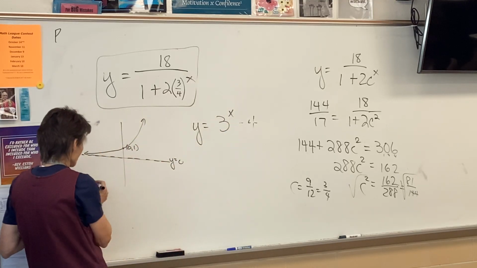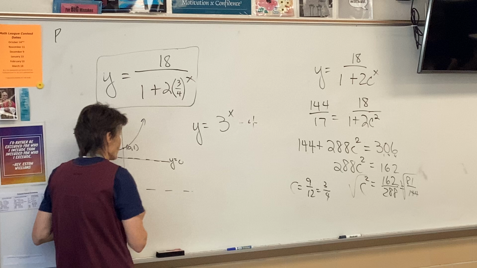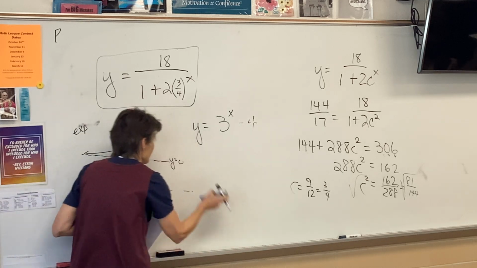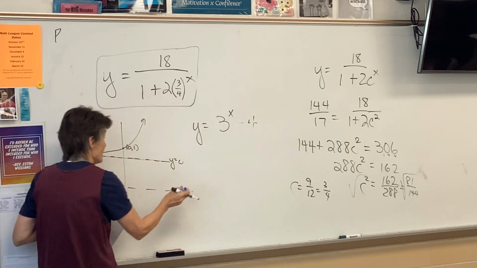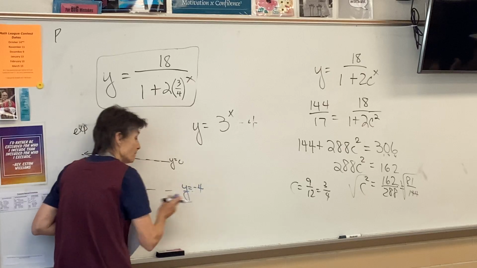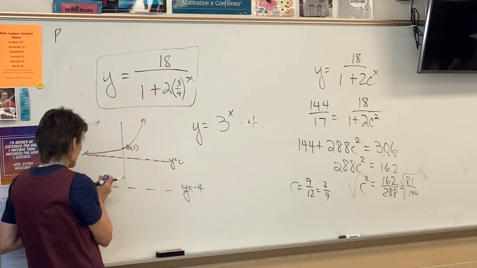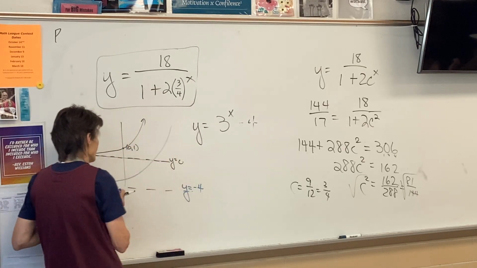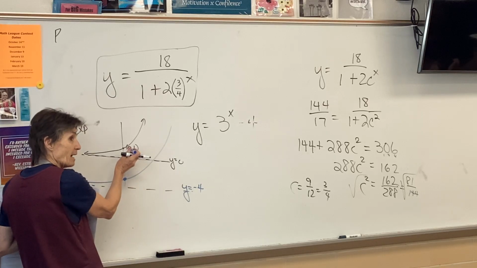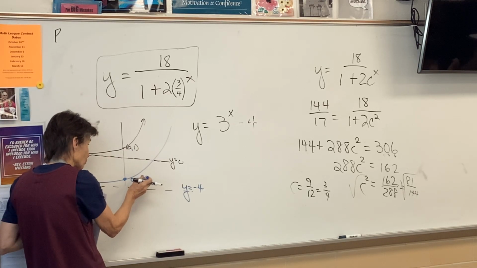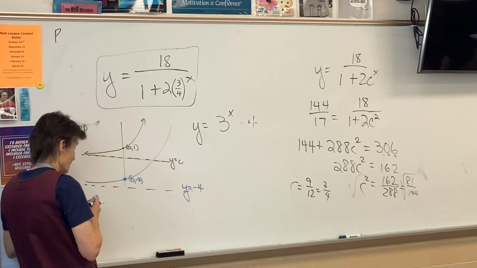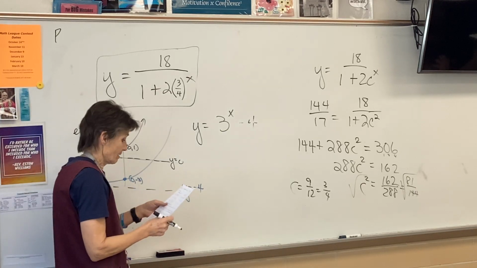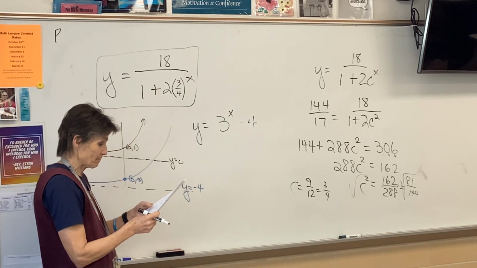It drops it down 4. So the asymptote, instead of being at 0, is at -4. And the intercept, instead of being at 1, is at -3. So that was easy. Find the asymptote and intercept, domain and range.